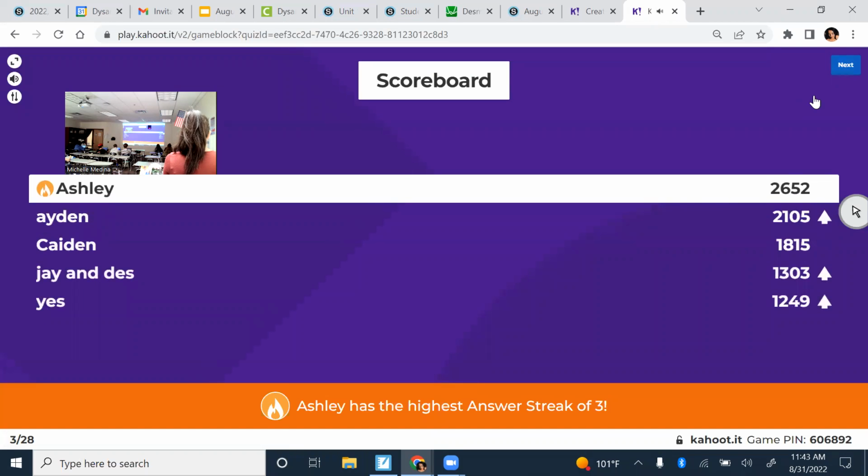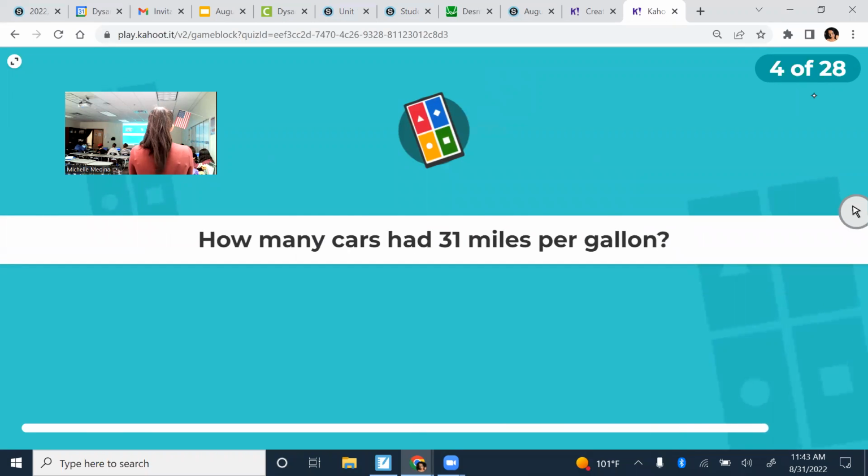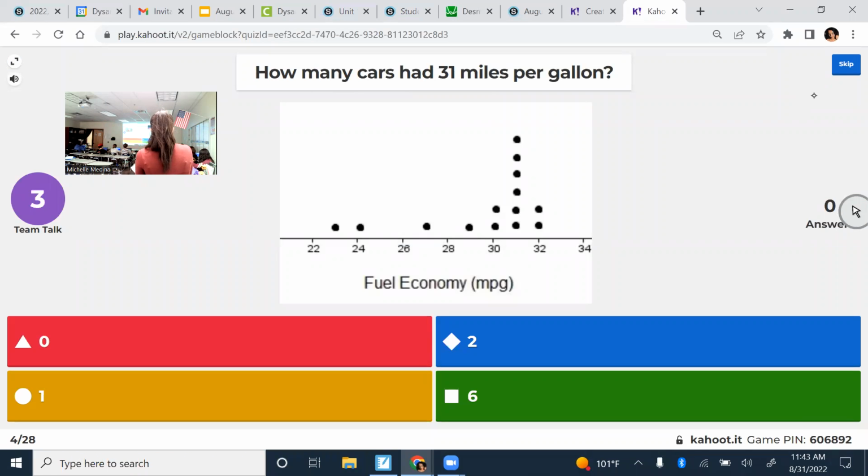All right, good job. How many cars had 31 miles per gallon?